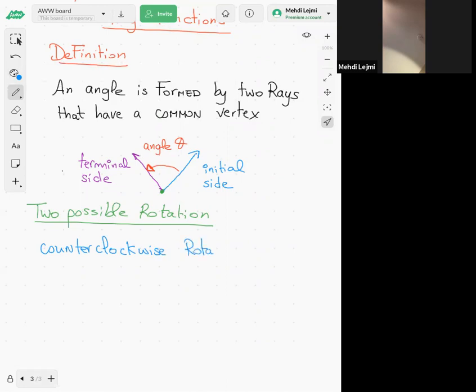For example, let's say you have this angle here. This is your initial side, and you go to this terminal side, right? Here's your terminal side. All right, so you have a counterclockwise rotation, then the angle you get is actually a positive angle. So in this case, the angle theta is positive.